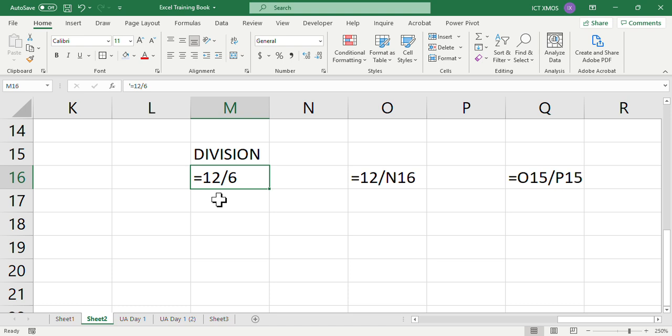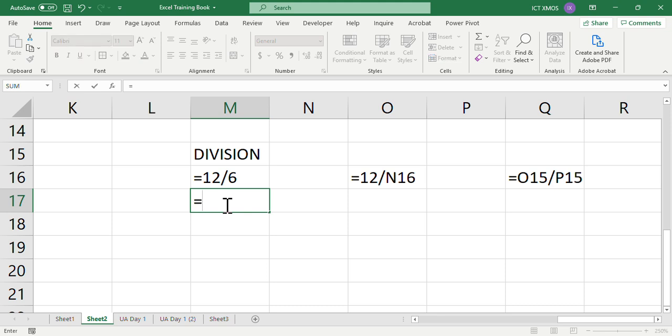So you remember, if you type an apostrophe before anything, even before a number, it will turn into text. It will not be a number again. Remember when we were treating text and numbers? So I type the apostrophe before I type the formula. If I don't put the apostrophe, it will give me the numbers, the result directly.